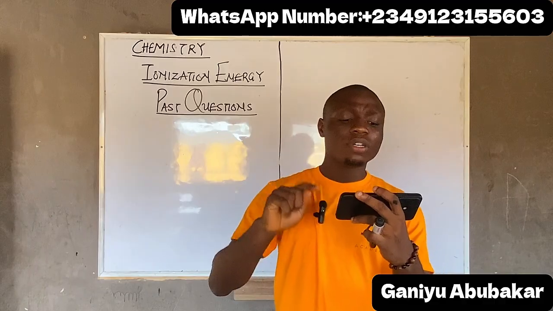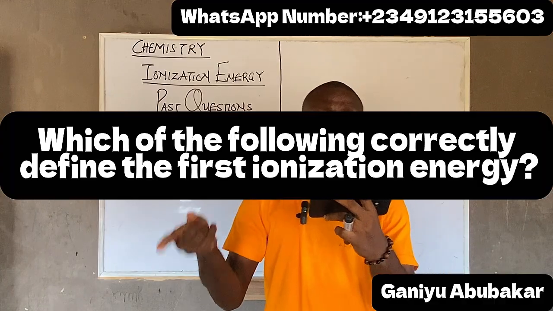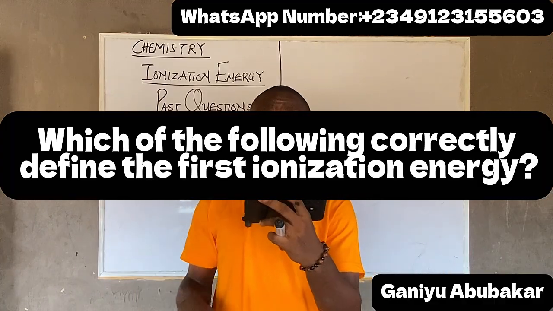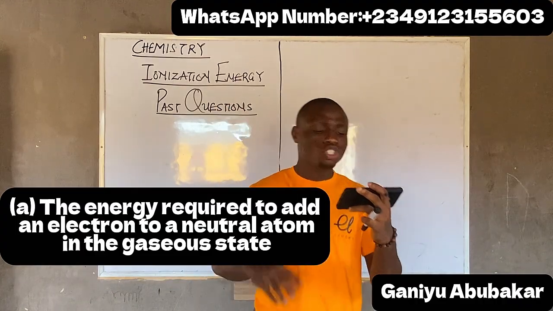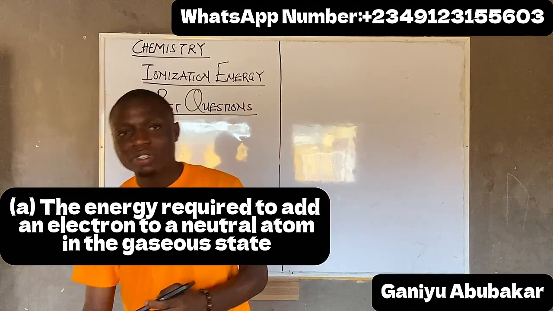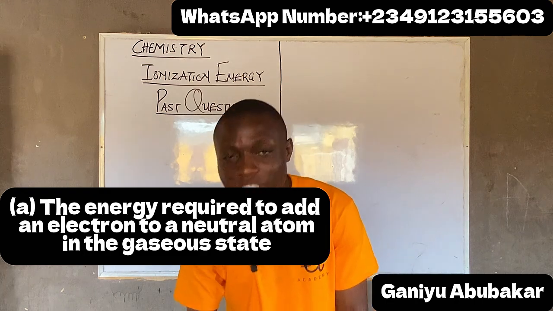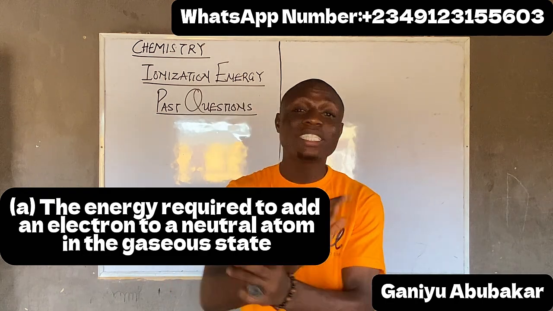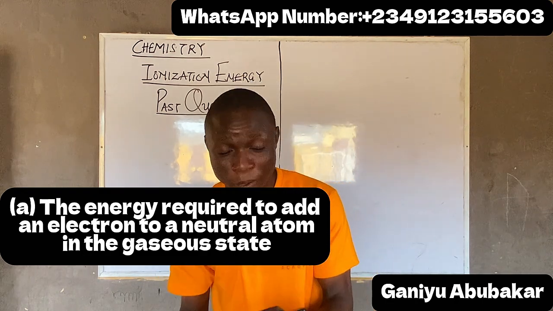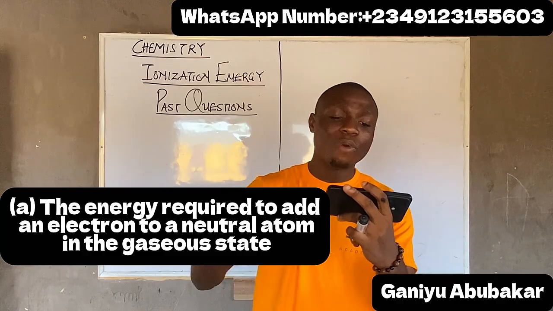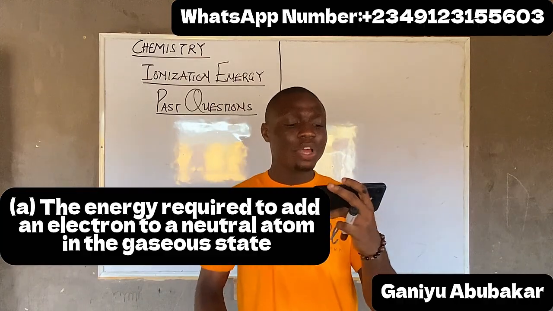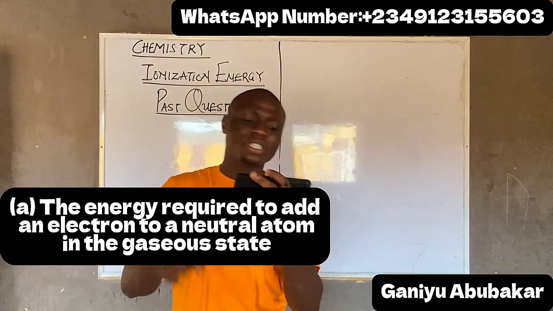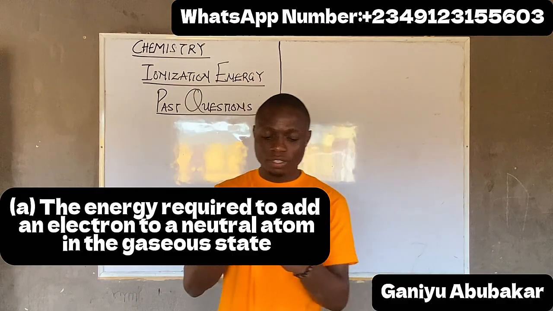So it says, which of the following correctly defines the first IE, right? Option A says the energy required to add an electron to a neutral atom in a gaseous state. That's not the answer, please, because it adds instead of removes.